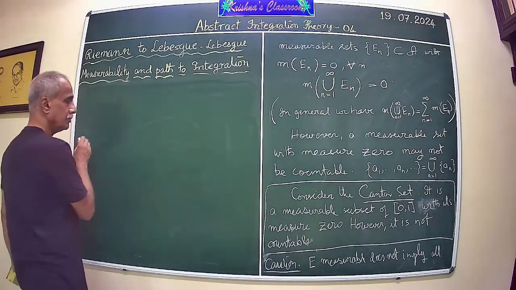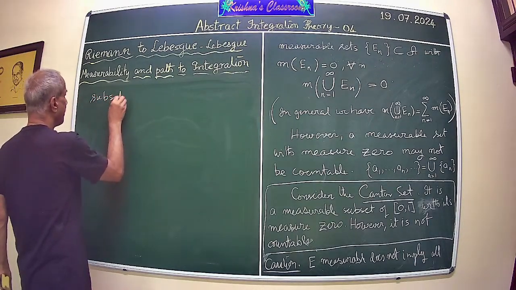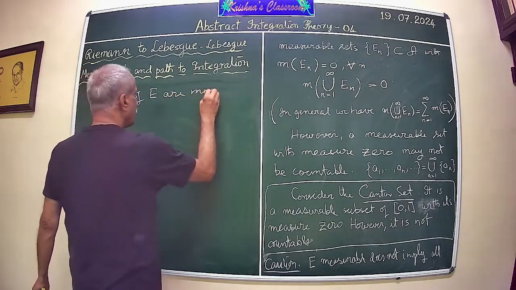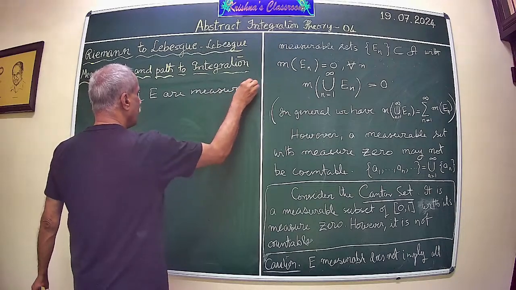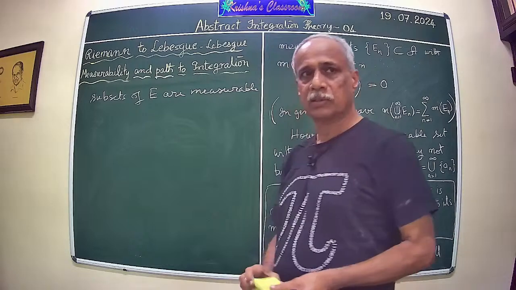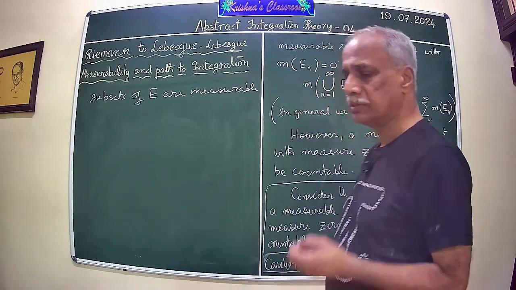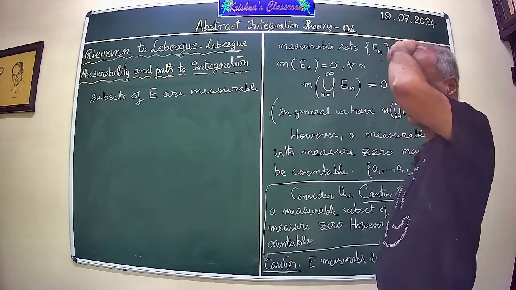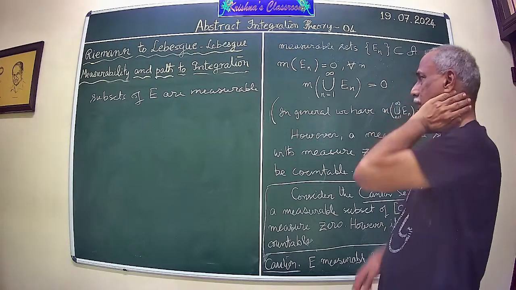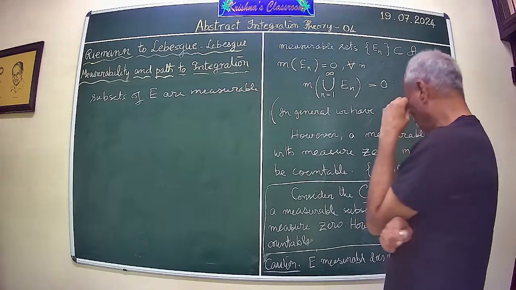One example is, of course, the whole of R is measurable, but the subset that we have considered is a subset of this, which is not measurable. So there exist subsets of R which are not measurable. So that is clear. So you cannot in general say that P is a measurable set.